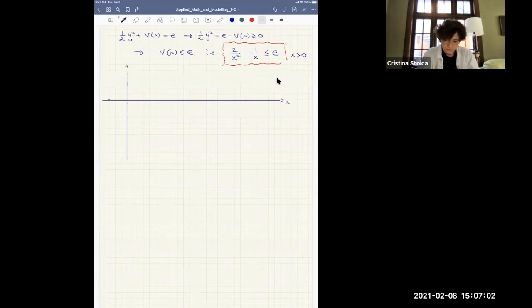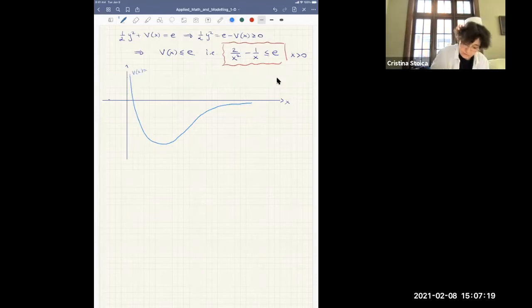And now let's draw this guy. I already know how it looks. It looks something like this. That's V of x, which is 2 over x squared minus 1 over x. That's V of x there.